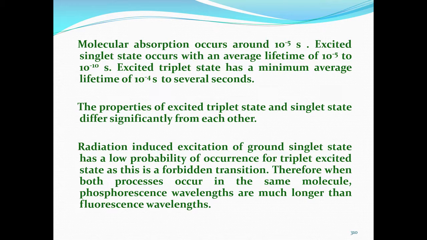So, radiation induced excitation of the ground singlet state has a low probability of occurrence for triplet state, as this is a forbidden transition. Most of the triplet states are forbidden transitions.